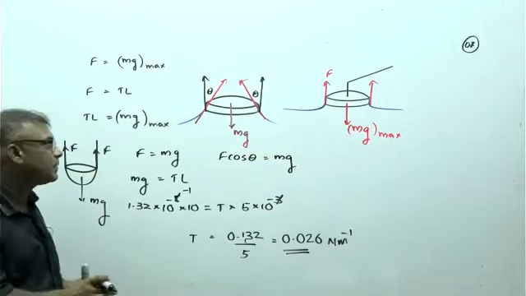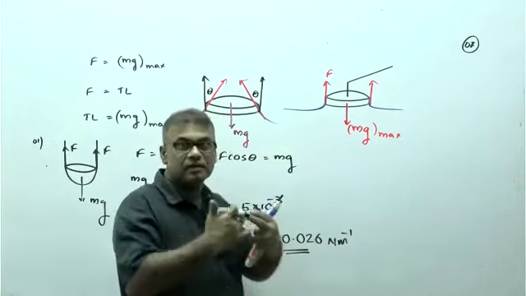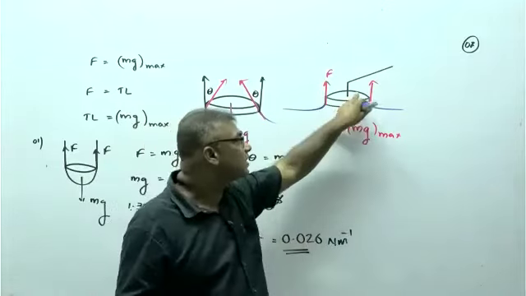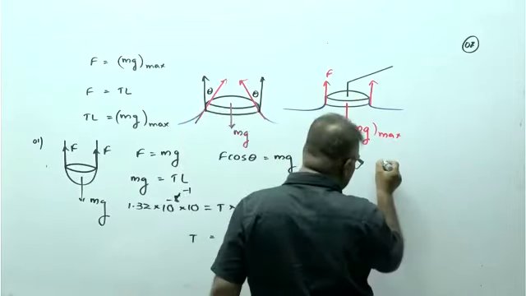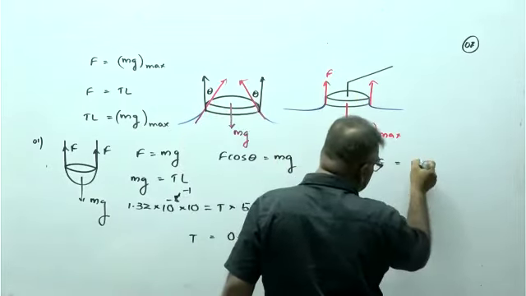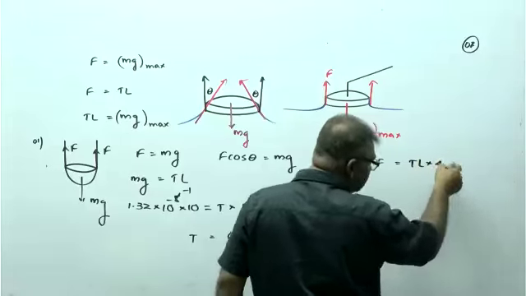If this is not the maximum weight, the situation where the insect's maximum weight is supported should be the diagram. So we write F equals TL.